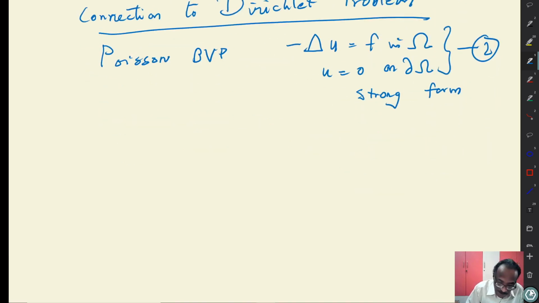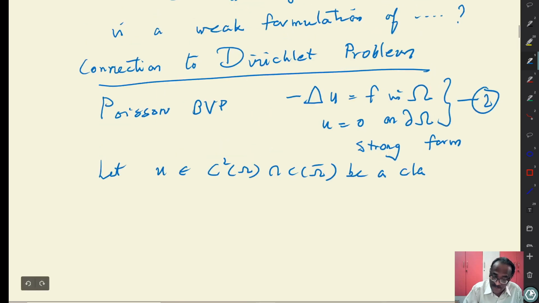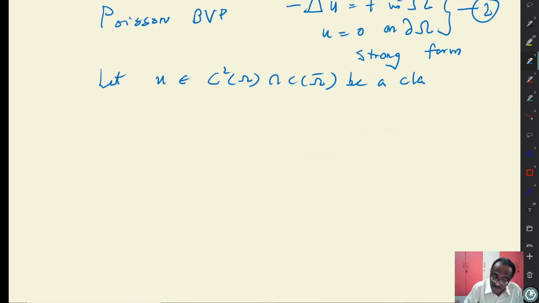So let u be a solution again. You know that under suitable conditions it exists. So let u be a classical solution, u belongs to C^2 of omega intersection C of omega bar. This is the first thing you have to check: that 1 is a weak formulation of 2. You have to first check that if it is a classical solution of 2, then it is a weak formulation.